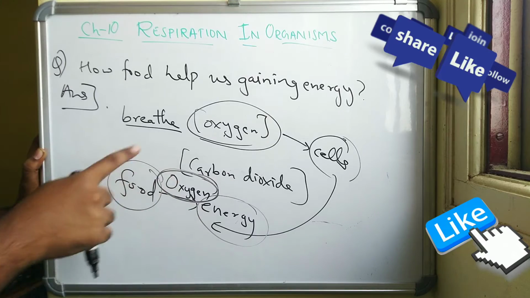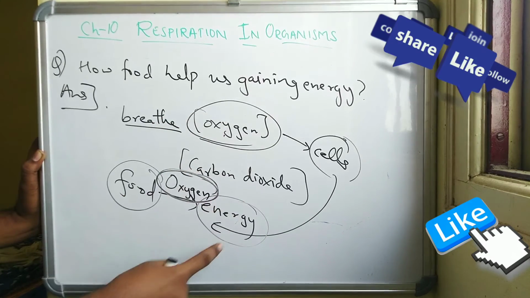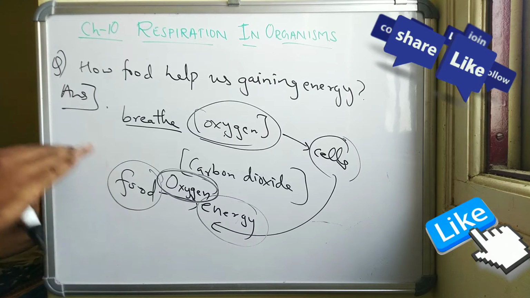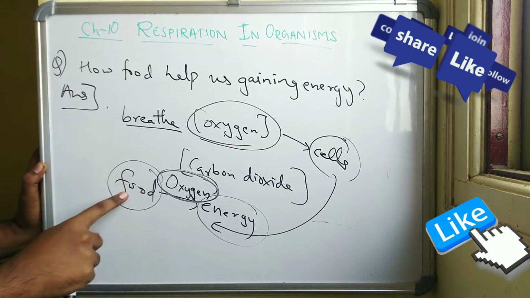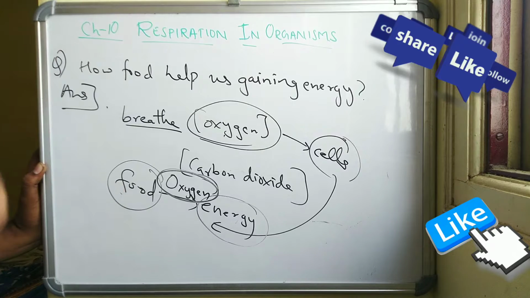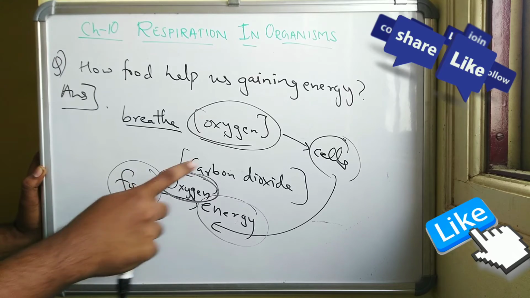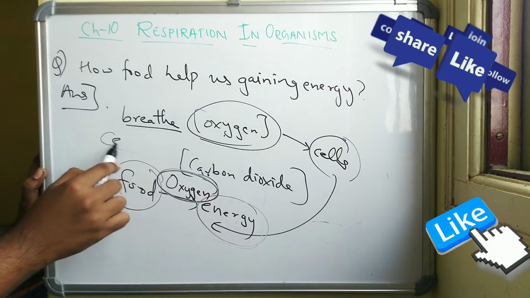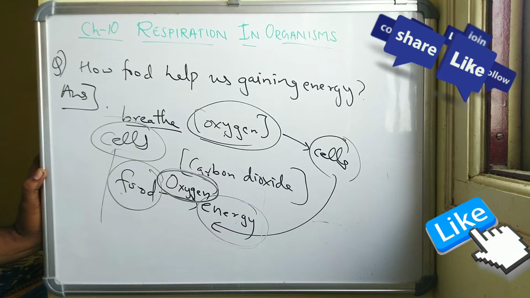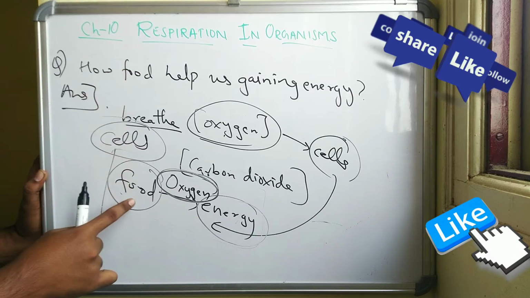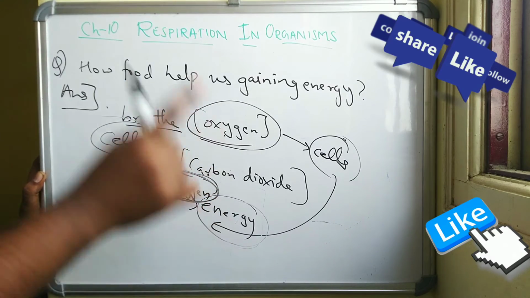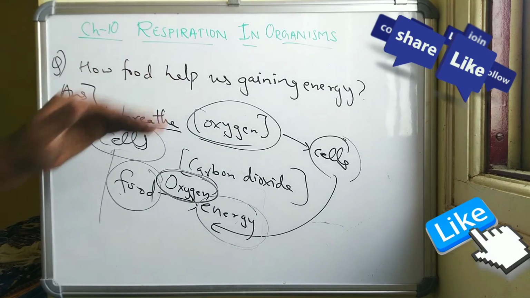So food in the presence of oxygen gives energy. The cells help in breaking down the food to energy. So how does food help us gain energy?